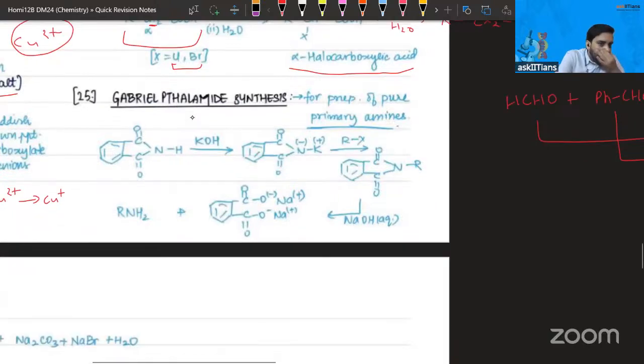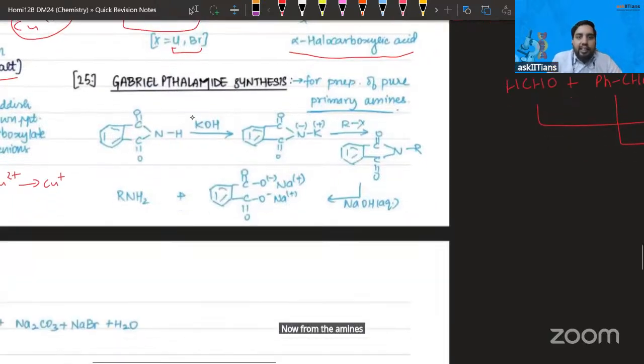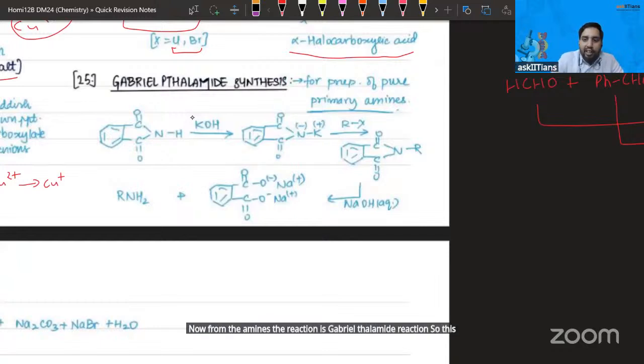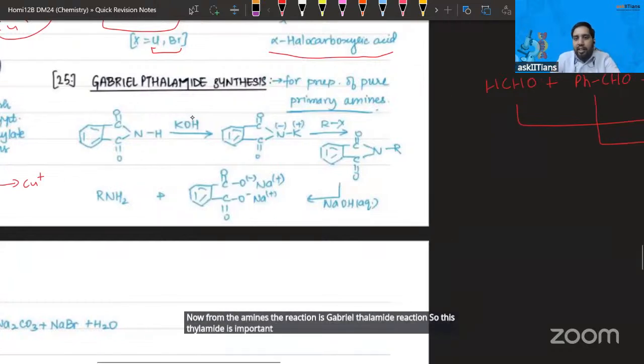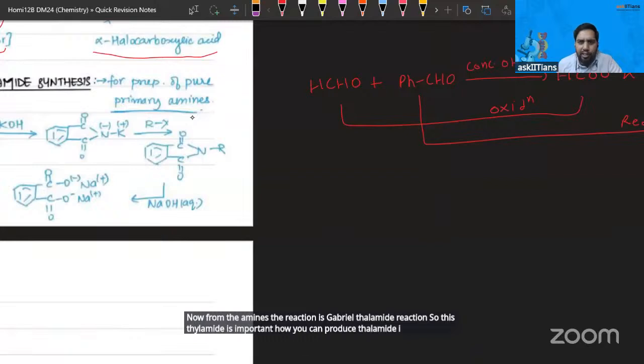Now from the amines, the reaction is Gabriel phthalimide reaction. So this phthalimide is important. How you can produce phthalimide, I will show you in short. You are having phthalic acid. This is phthalic acid.